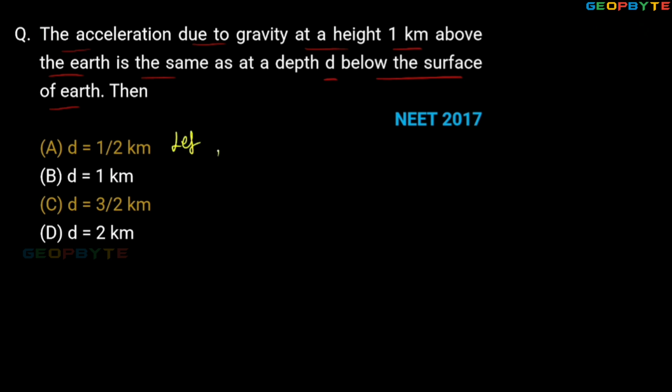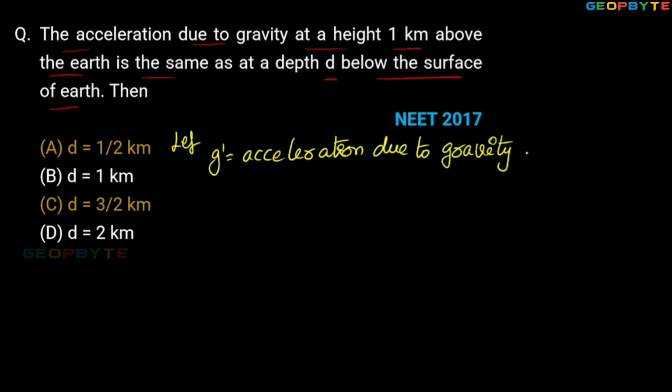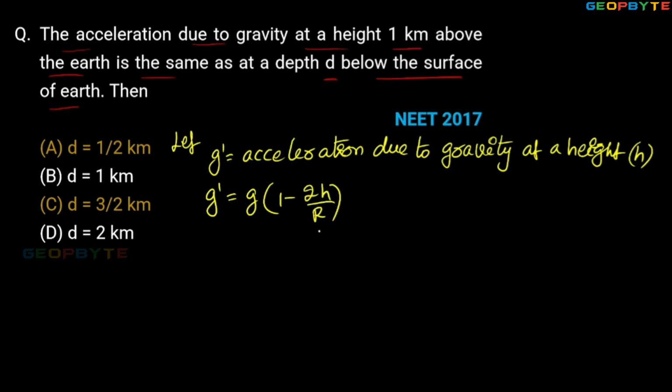Let g dash equal to acceleration due to gravity at a height h. That g dash equal to g into 1 minus 2h by r.